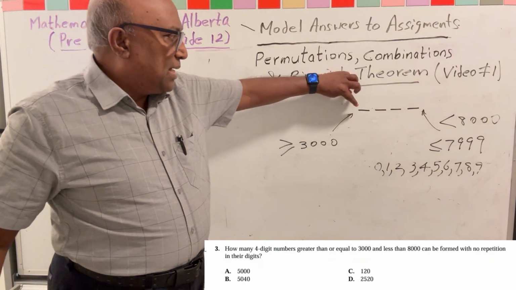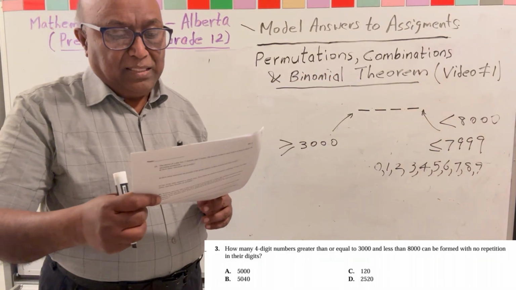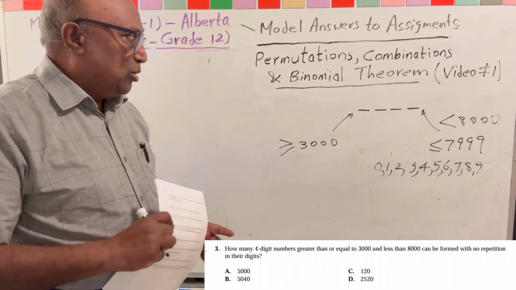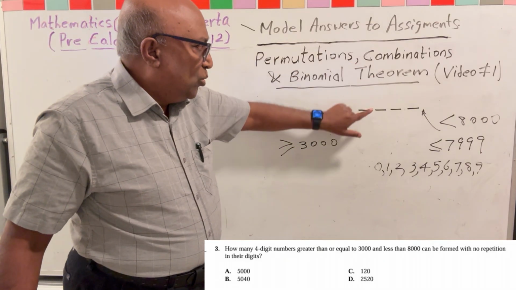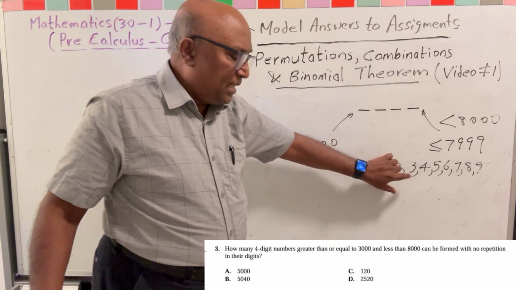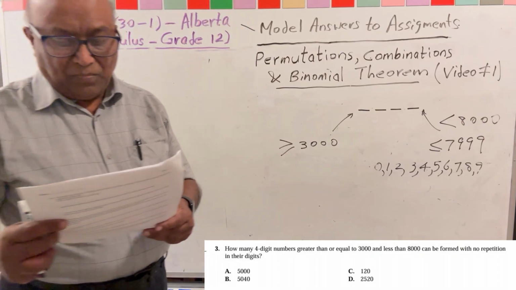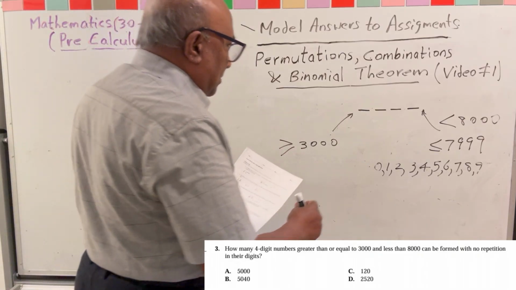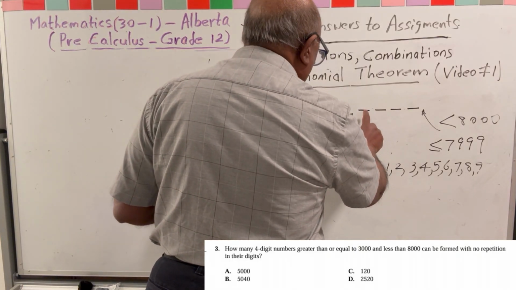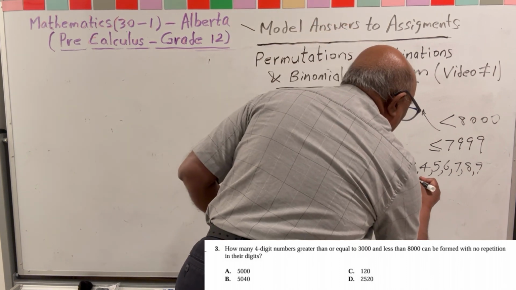Usually a number cannot start with 0. Also, this number must be greater than or equal to 3000. That means you can fill the first space starting from 3.